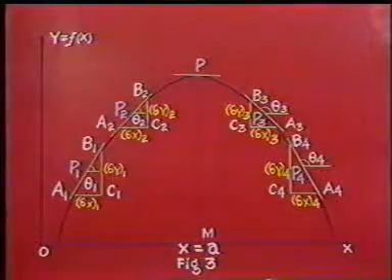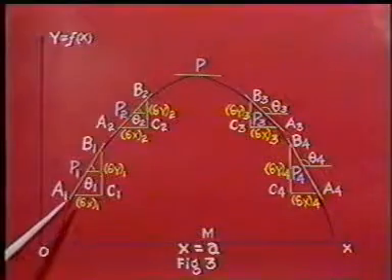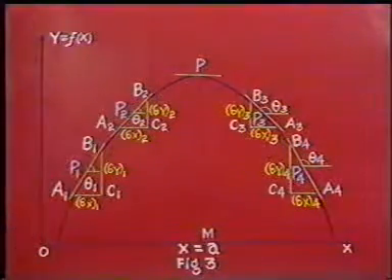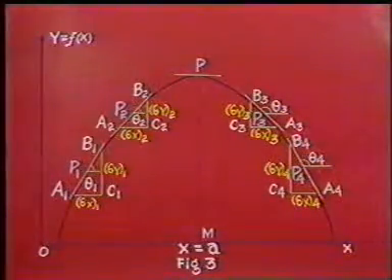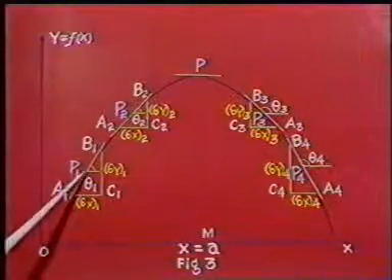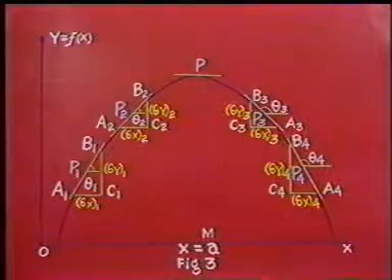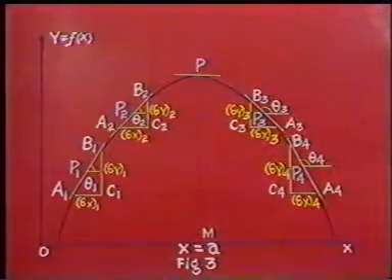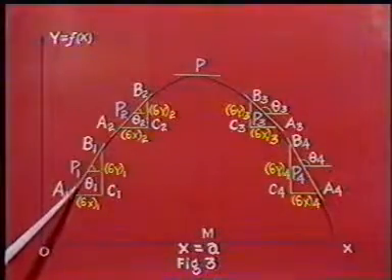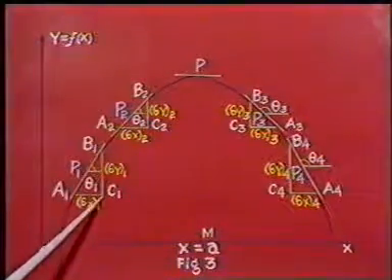Now we mark 2 points A1 and B1 on the curve on both sides of the point P1 at equal horizontal distances from it. Now we complete a right angle triangle A1, B1, C1.